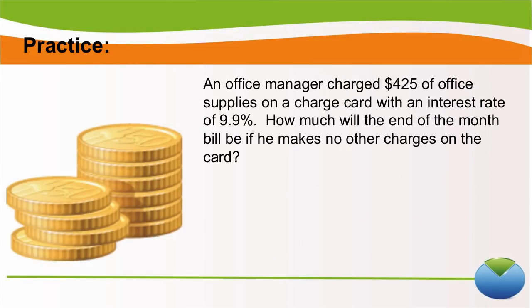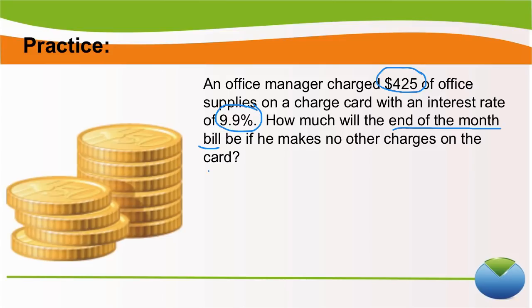All right, here's the first one that you are going to do in your notebook for practice. It says an office manager charged $425 of office supplies on a charge card with an interest rate of 9.9%. How much will the end of the month bill be if he makes no other charges on the card?